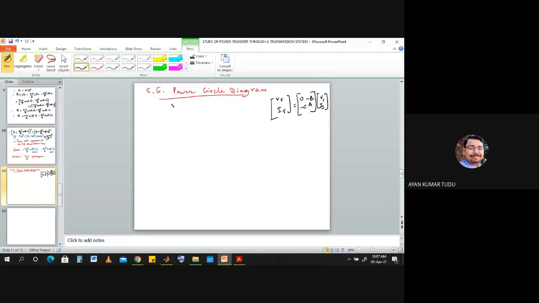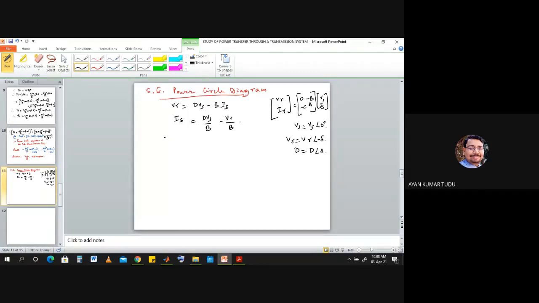So if that is the case, then from there we can write VR equal to dVs minus B into Is, and Is, as we know from this expression, can be written as dVs by B minus VR by B. If we take Vs as the reference, Vs angle 0 degree, then VR would be VR angle minus delta. And D can be written as D angle delta.